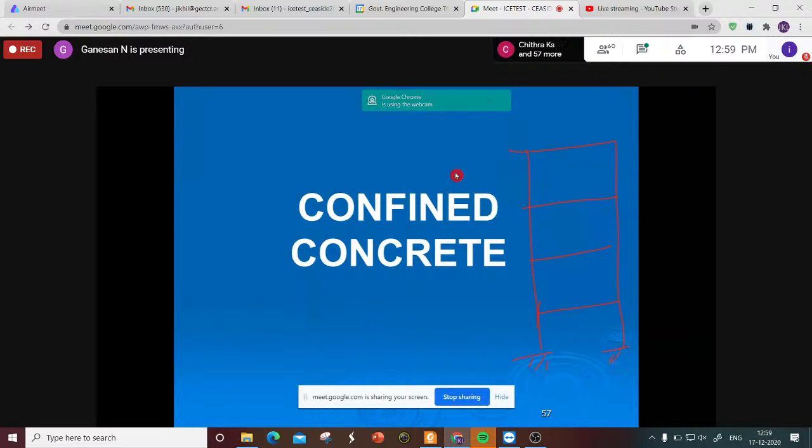The joints are there. In the beam column joint, when you have closely spaced ties, this steel reinforcement is coming later.